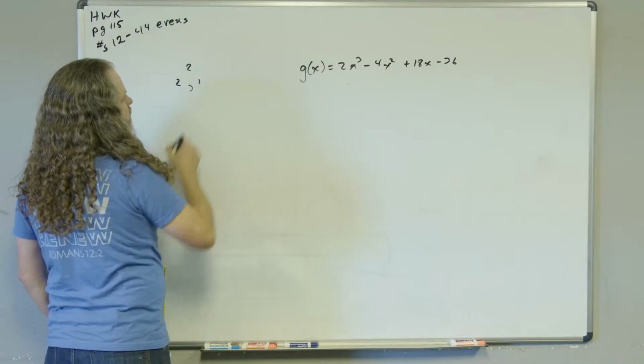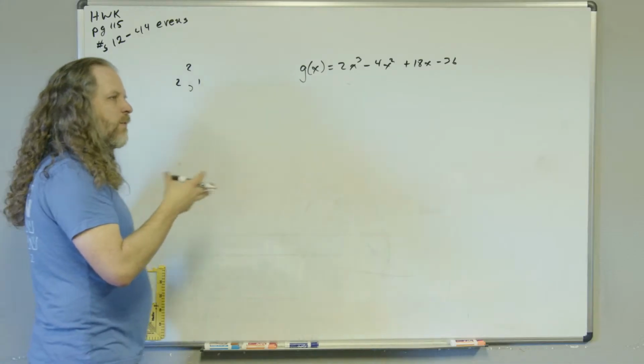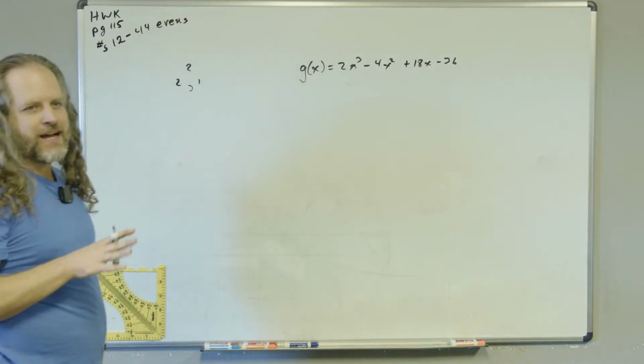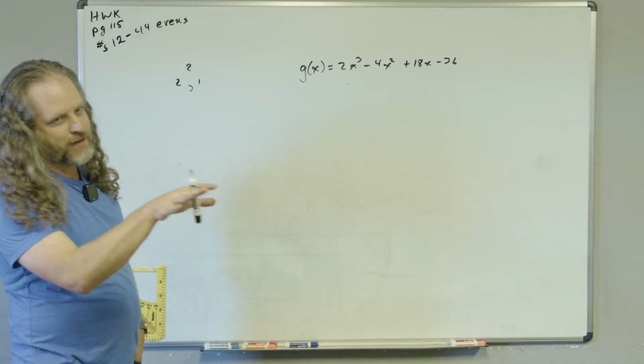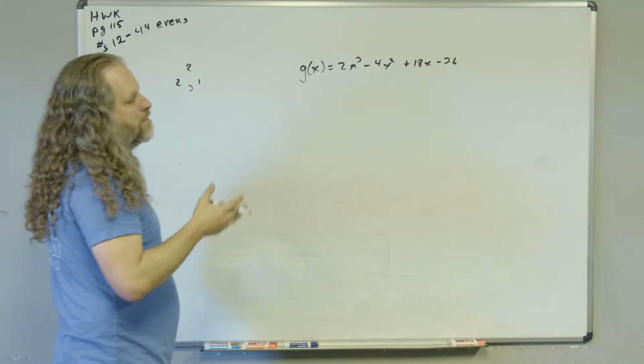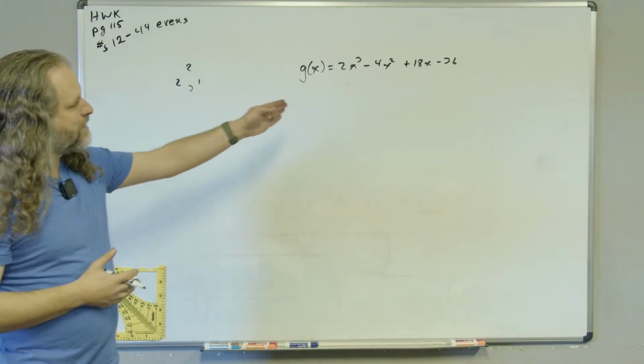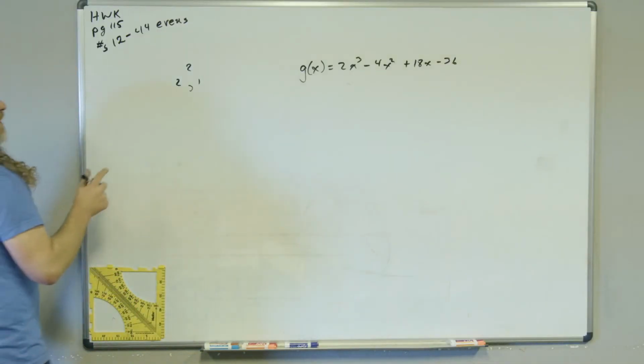What are the factors of 2? 2 and 1. What is the constant term? Negative 36. We don't really care about the signs because it's going to be plus or minus on everything. It could be positive 36 times negative 1, or negative 2 times negative 1, all the things. So it's always plus or minus.